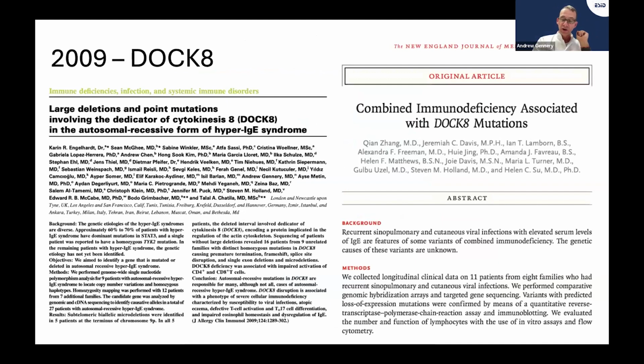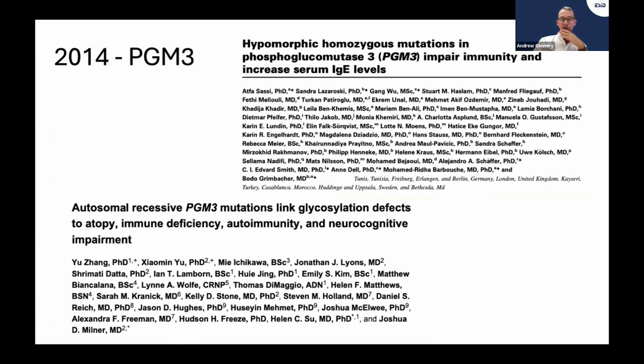And it's currently more appreciated that DOCK8 patients have a combined immunodeficiency, as Helen Su has published in her New England Journal publication. But many of the DOCK8 patients look very similar to hyper IgE patients, Job syndrome patients. And there's actually a paper in JACI which shows you how to tell those two apart. So there's a clinical score, there are clinical questions you can look at, including lab values which discriminate DOCK8 deficiency from hyper IgE syndrome due to STAT3 dominant negative mutations.